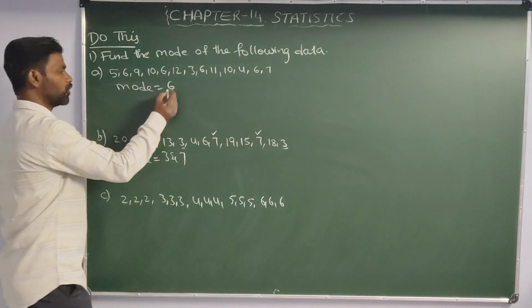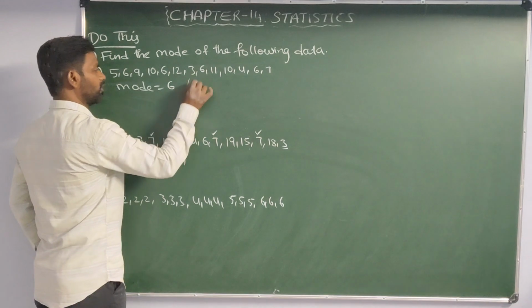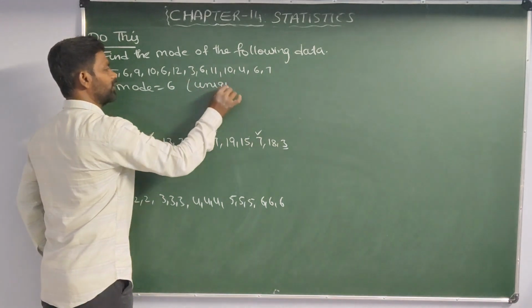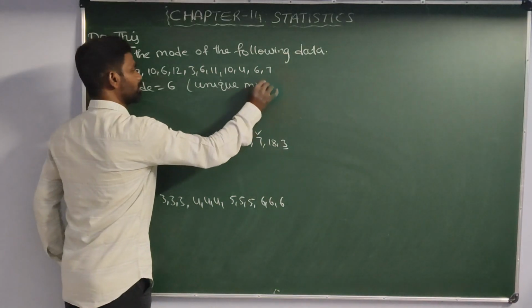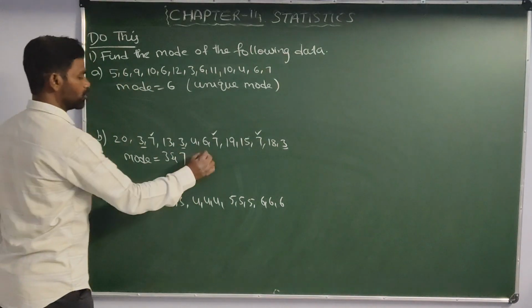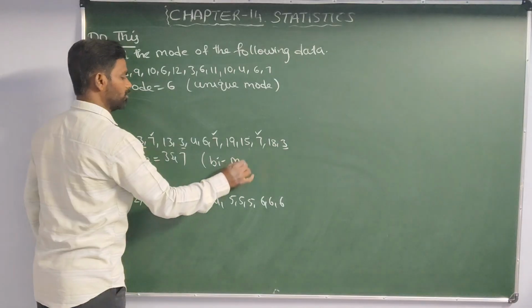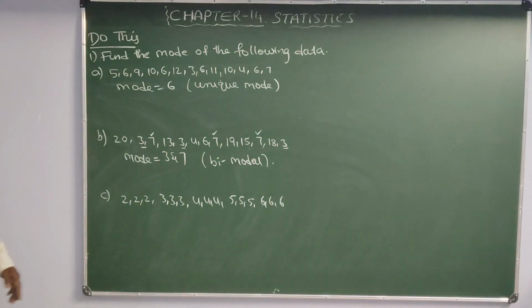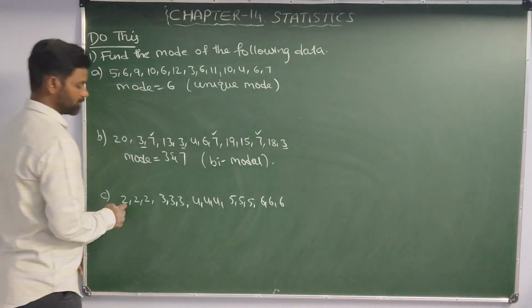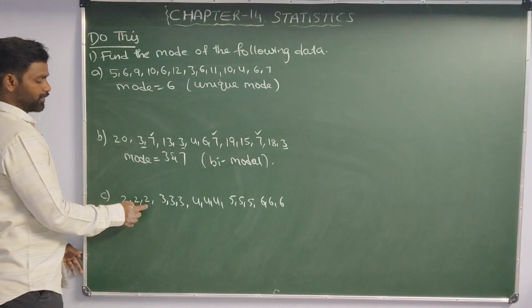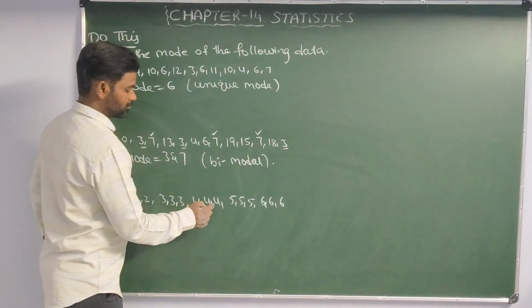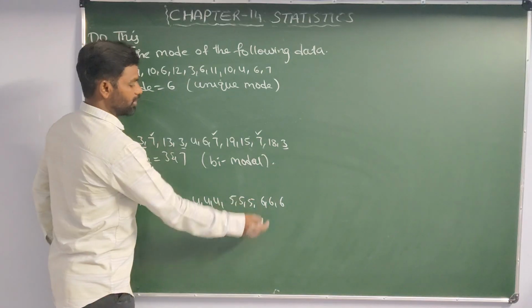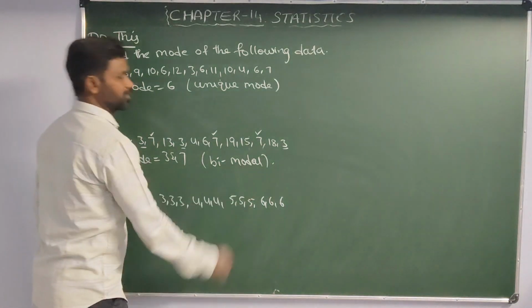In the first question, we have only one mode, then we call it unique mode. Here we have two modes, then we call it bimodal. So the given data is bimodal data. In the next question, C question, 2 appears 3 times, 3 appears 3 times, 4 also appears 3 times, 5 also appears 3 times, and 6 appears 3 times.